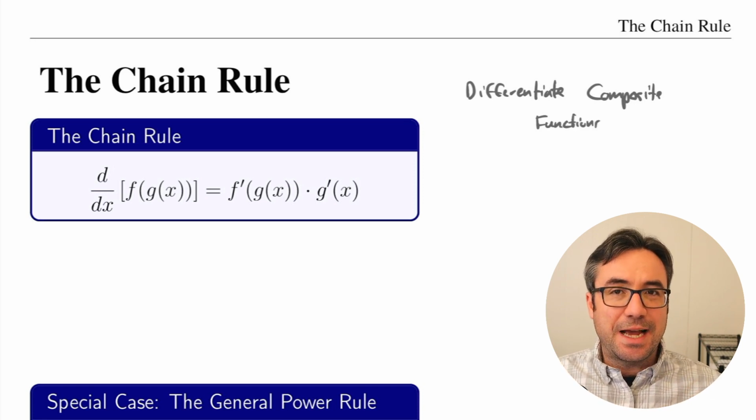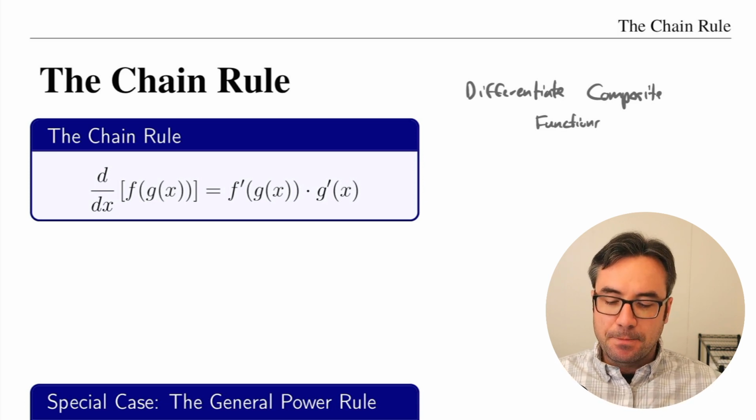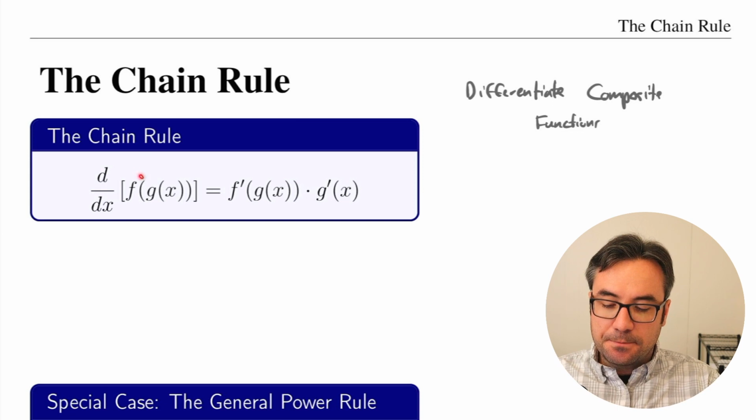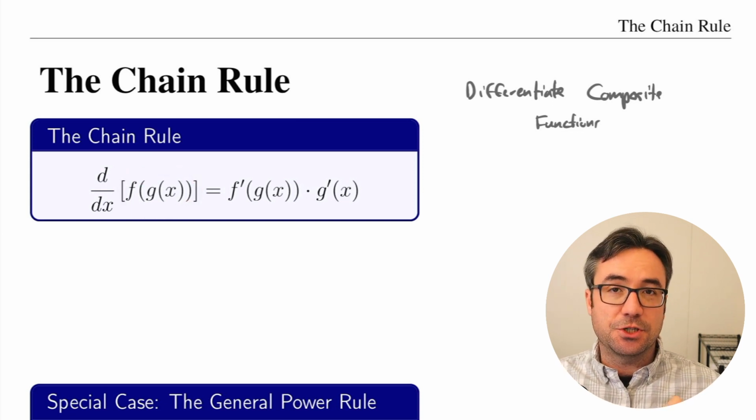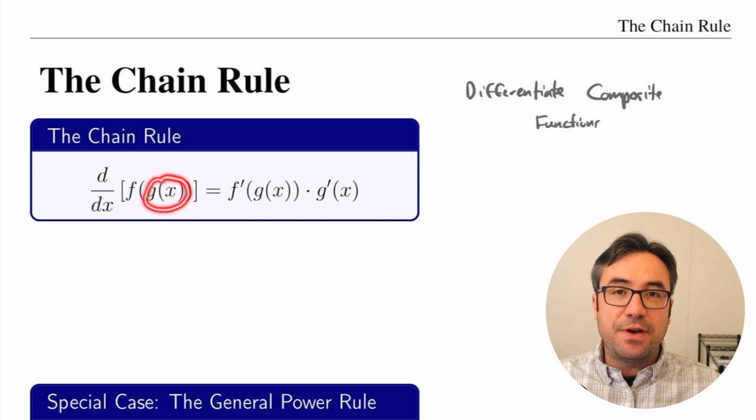Essentially, a composite function is when we take one function and plug it into another function. That's what we're seeing right here. This is a composite function because we have one function f, which is what's happening last, and then we have g of x, which is getting plugged into function f.